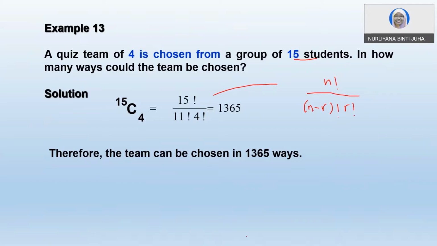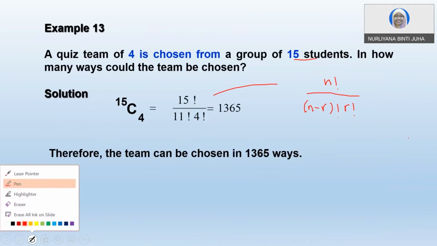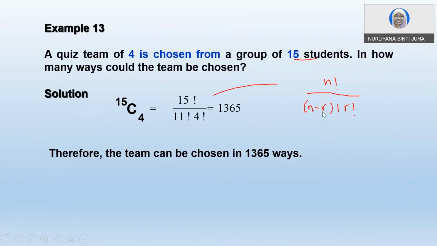Okay, n minus r, meaning 15 minus 4. So I get 15 minus 4 over there. 15 minus 4, you get 11, and this is your r. So you get 1365 ways to choose the students.